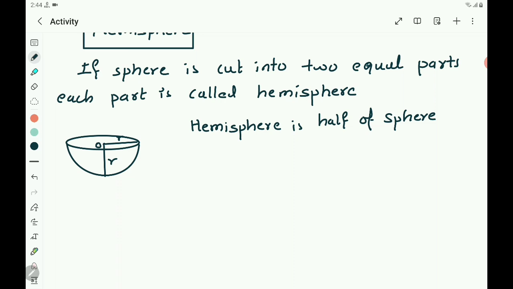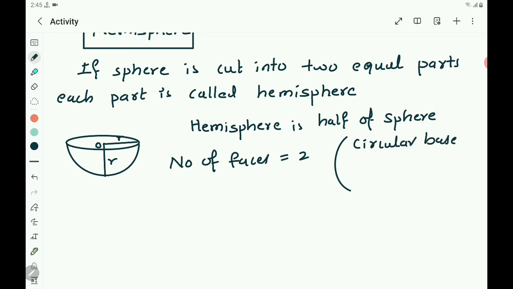So write number of faces 2. Take circular base and curved surface.